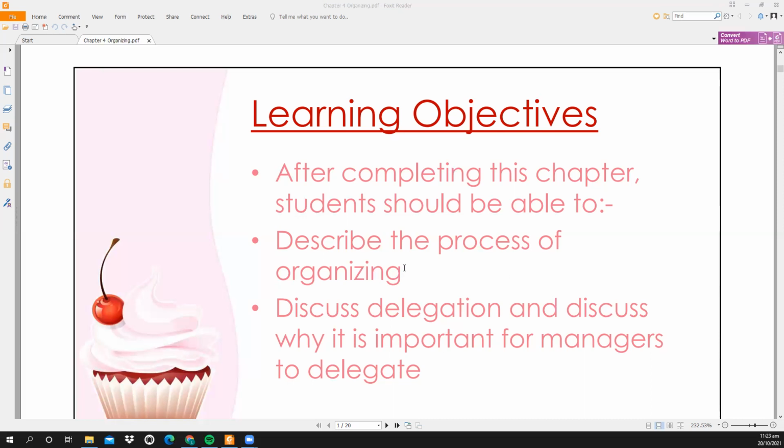And then describe the process of organizing, and at the end of this chapter, you should be able to discuss delegation and why it is important for managers to delegate.